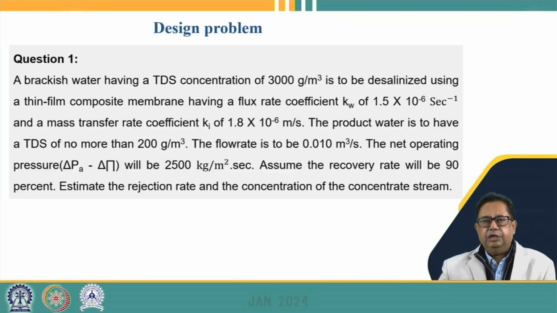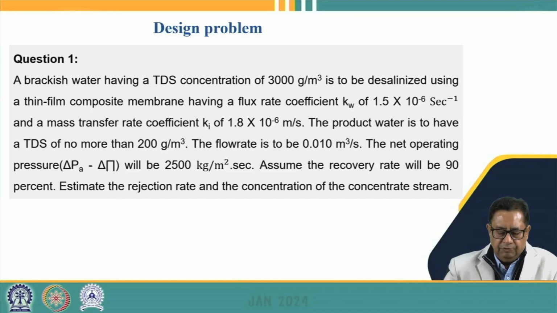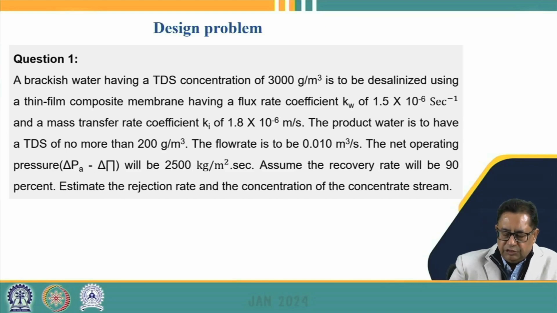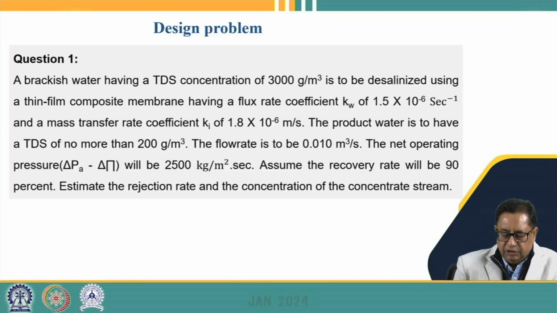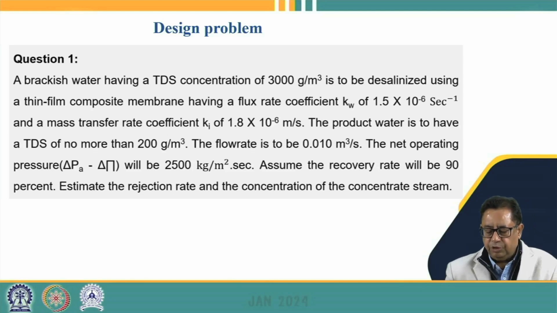So now let us take one design example where we have brackish water with a TDS concentration of around 3000 grams per cubic meter. This needs to be desalinated by a thin film composite membrane, that is, a TFC membrane. It has a flux rate coefficient of 1.5 into 10 to the power minus 6 per second, and the mass transfer coefficient of the solute is around 1.8 into 10 to the power minus 6 meters per second.